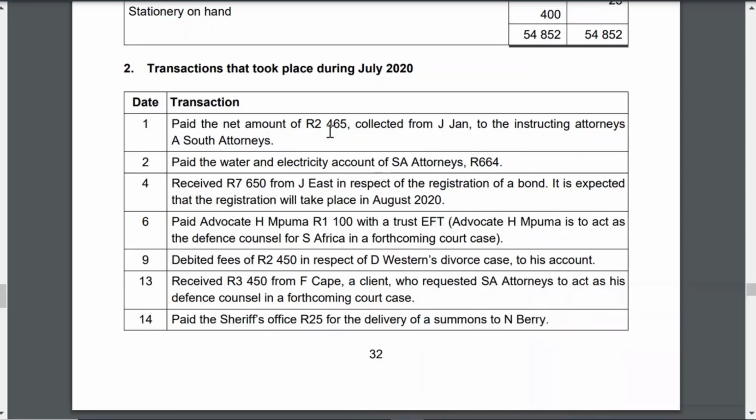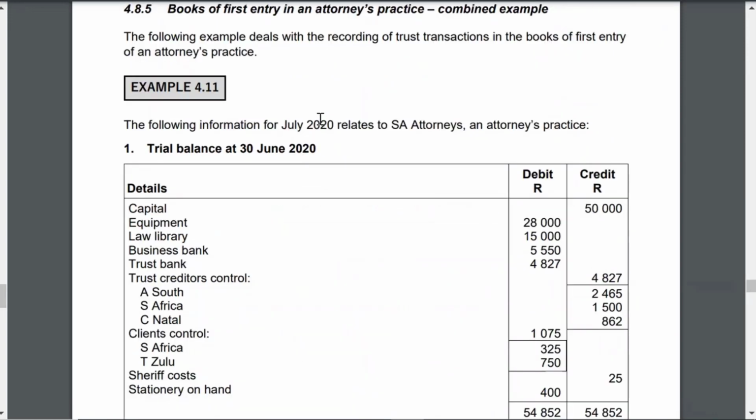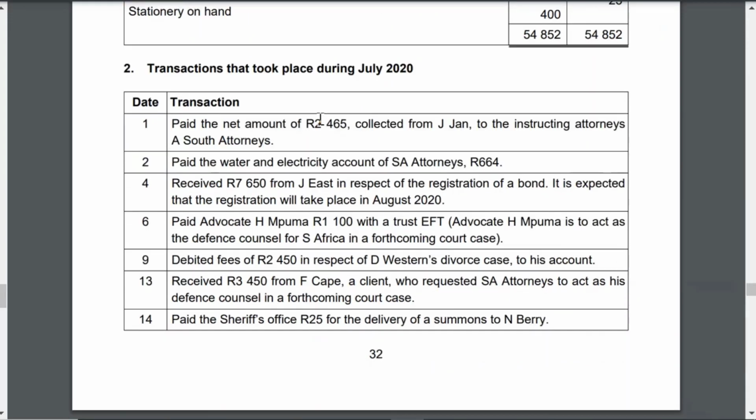Guys, I want us to look at example 4.11, transaction number 1. Paid the net amount. When the transaction states that paid, the question is, who paid?